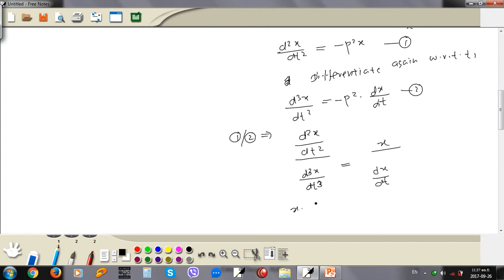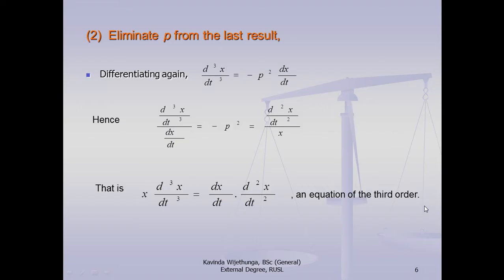Then x times d cube x over dt cube equals d squared x over dt squared times dx by dt, if you cross multiply. Right, so now we have eliminated p. Yes, so this is our equation, which is third order, so we can remove p also.